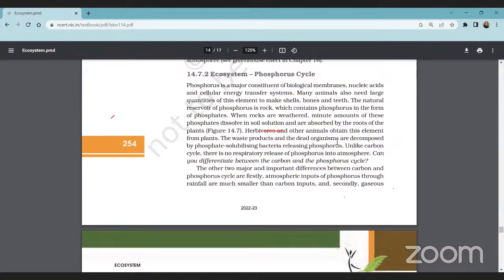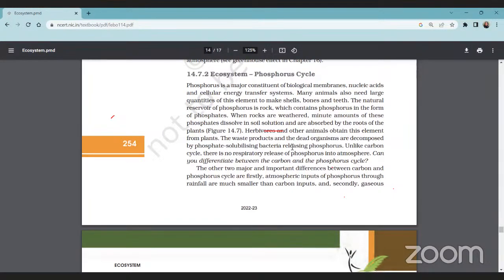Herbivores and other animals obtain this element from the plants. Mainly herbivores get this phosphorus from the plants.